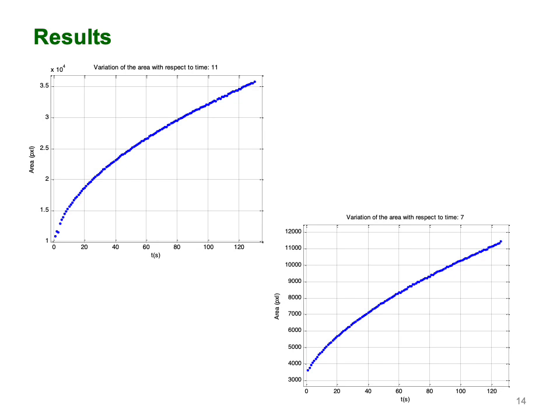After calculating the area of the drops at different times, we can calculate how the area is changing with respect to time. In this case, we are showing some of the experiments that we performed, where we can see how the area is increasing with respect to time.